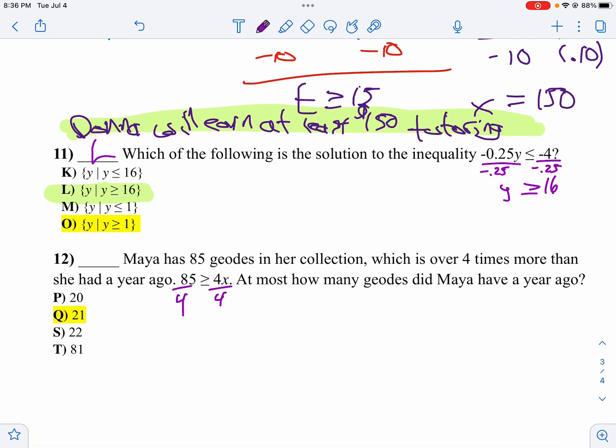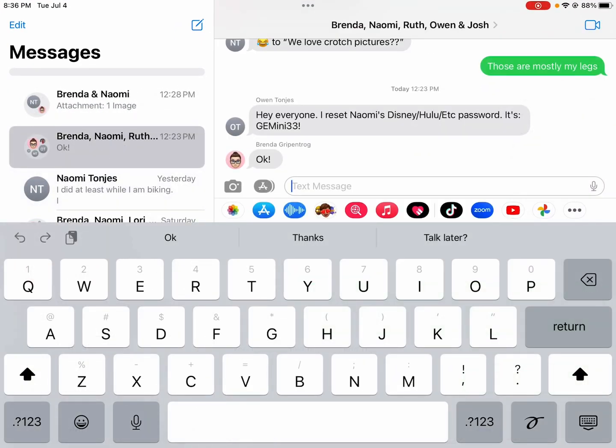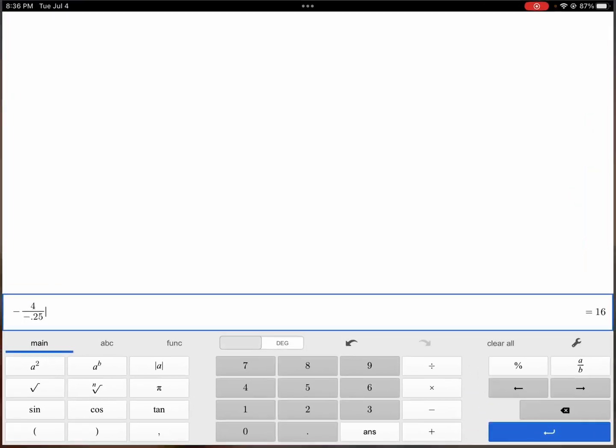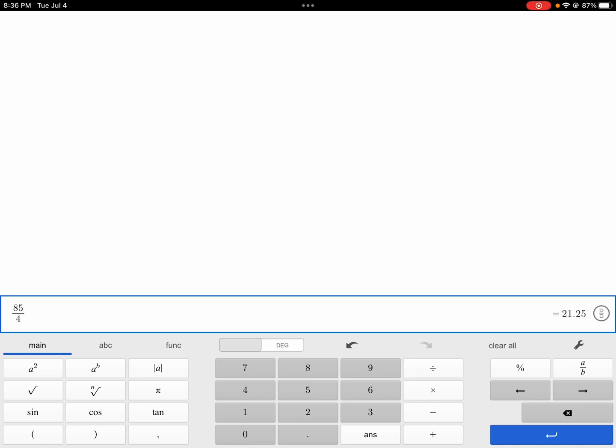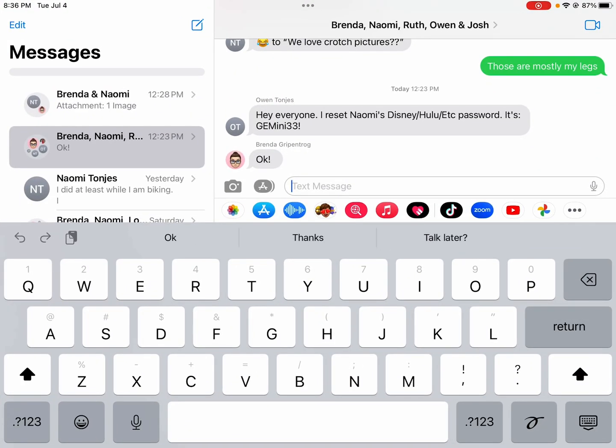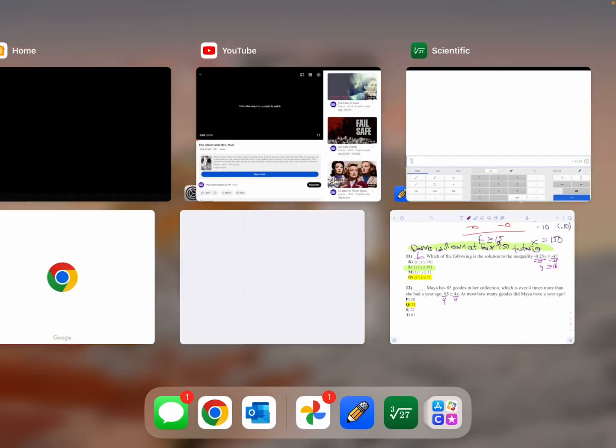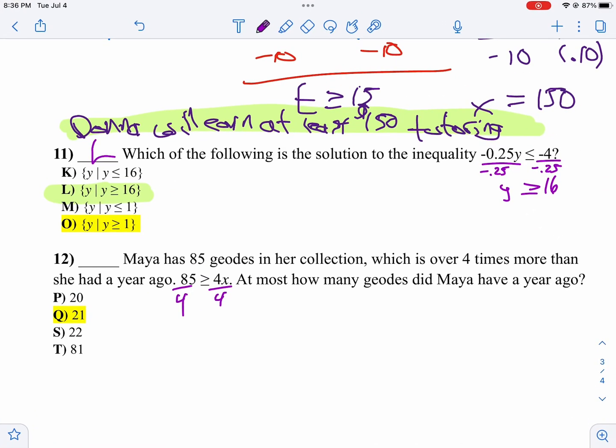So 85 divided by 4 is 21.25. So 21.25 is greater than or equal to x, or x is less than or equal to 21.25. Now, which one of these answers, since you can't have a decimal, is less than or equal to 21.25? That is choice Q.